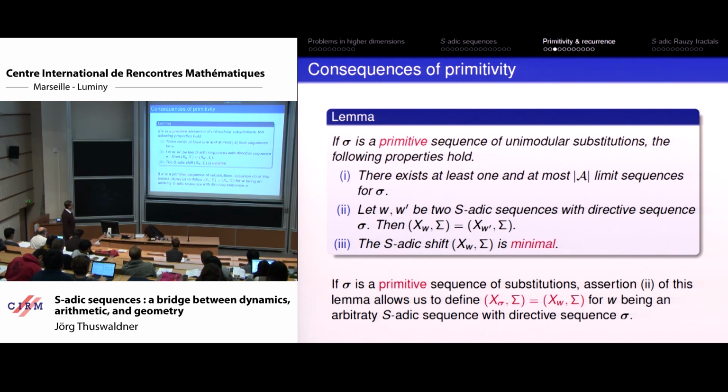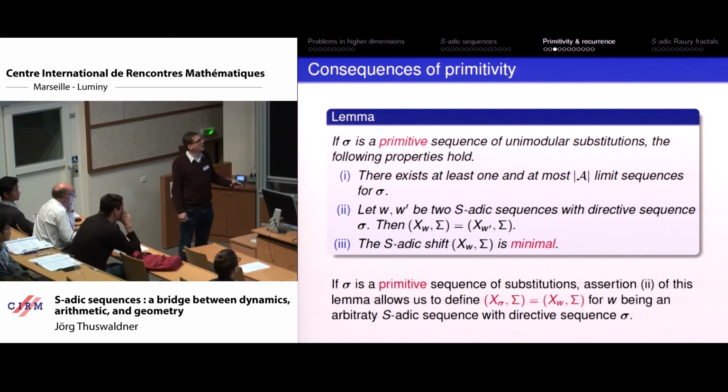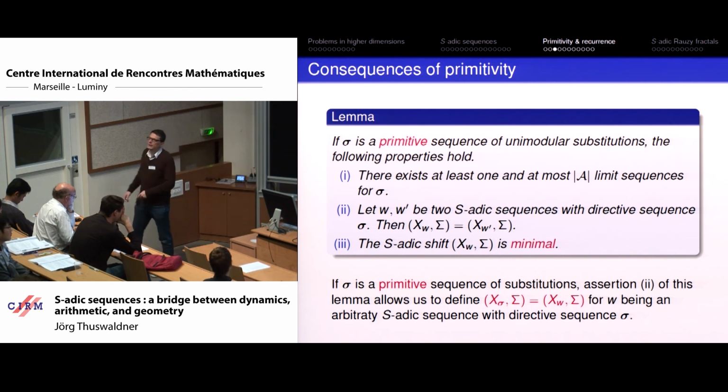So what does this lemma say? Essentially, this lemma says primitivity entails minimality for S-adic systems, and also primitivity entails that the minimal system does not depend on the limit word we choose. The S-adic system just depends on the sequence of substitutions, and that's why it is justified under the condition of primitivity that we may use the index sigma instead of the index w for S-adic systems.